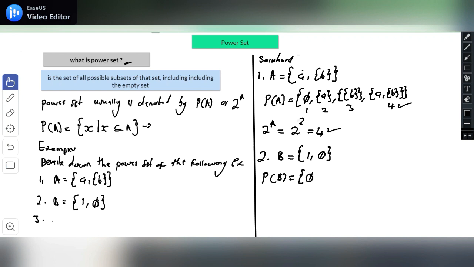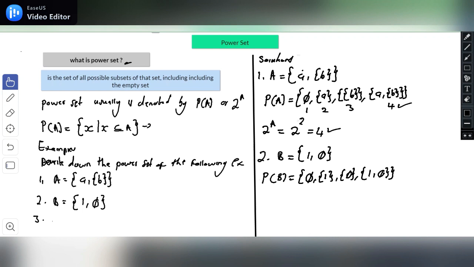It's an empty set. Then we open braces, therefore it's {1}. Close it. Then {{}}, the empty set inside braces. Then we write both of them, which is {1, {}}. Therefore we close the braces. That's how we write it.